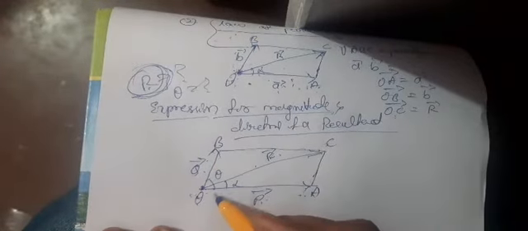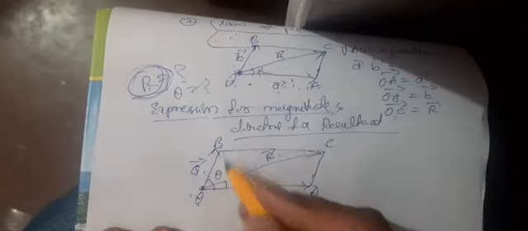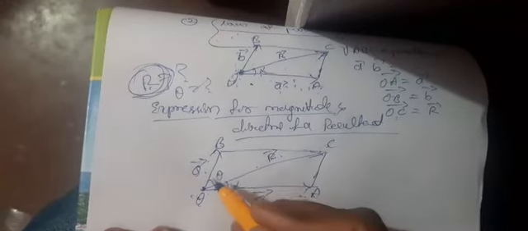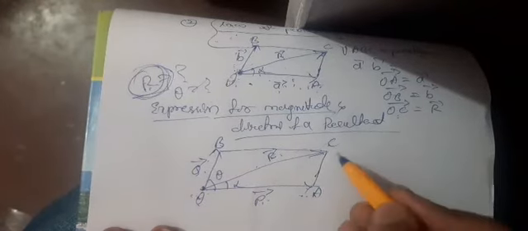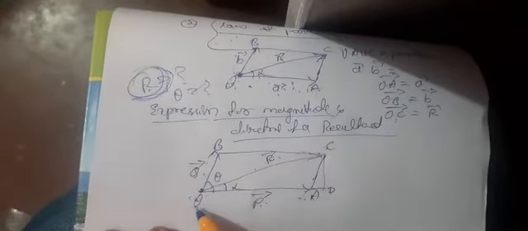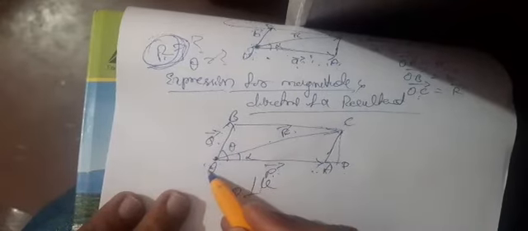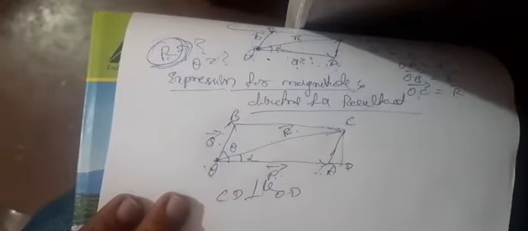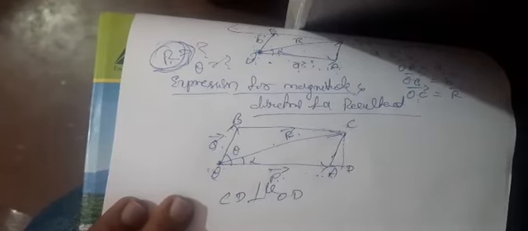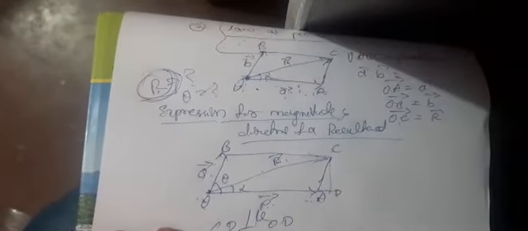The adjacent sides P and Q, OA and OB, are also represented by both magnitude and direction of the parallelogram OABC. Draw the line OD, and OC is related to the OD line. First, find the magnitude of the resultant. That is the diagram and explanation of the parallelogram.